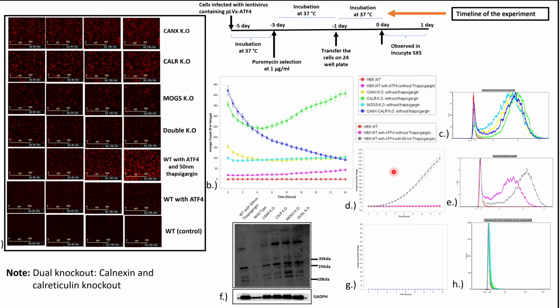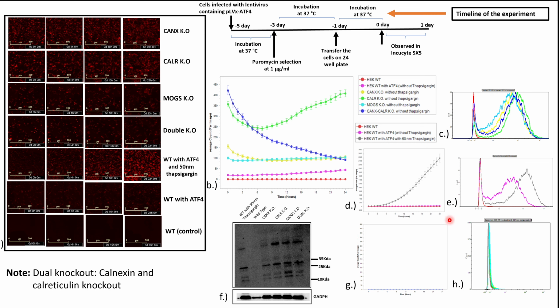And these are the control signals: cells that are transfected with the ATF4 plasmid but do not have any ER stress, and cells that are transfected with ATF4 and have ER stress. This is also confirmed with the help of flow cytometer.